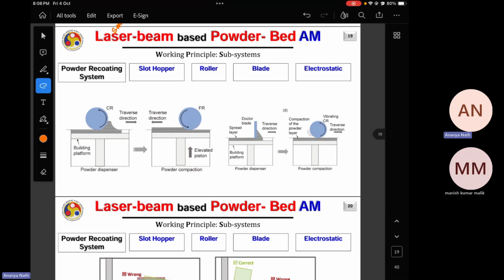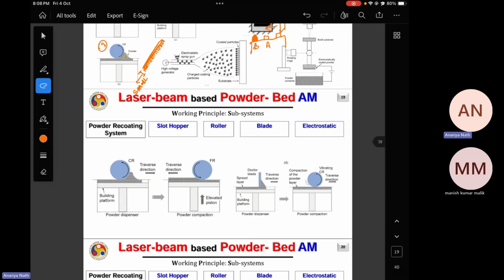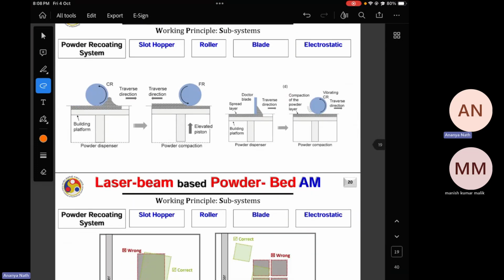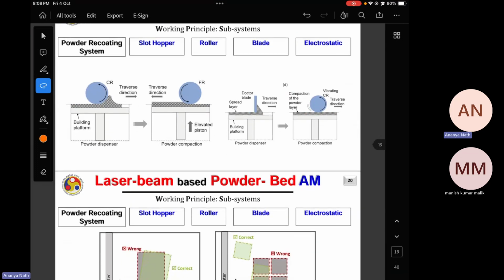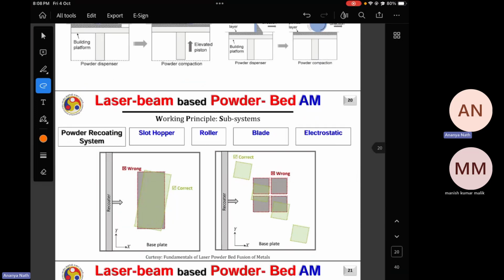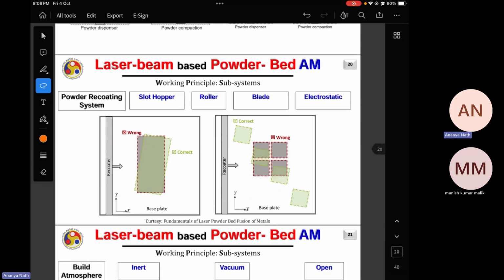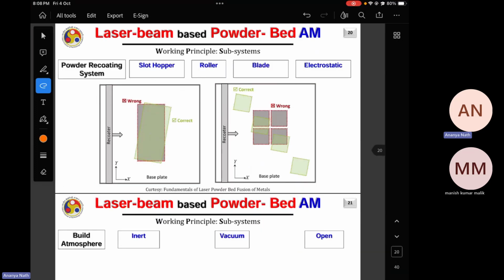These are different things, but just for general knowledge purposes, I have told you. So these are a few important points about the powder recoating system. So here you can see it is showing how they do the electrostatic charging.